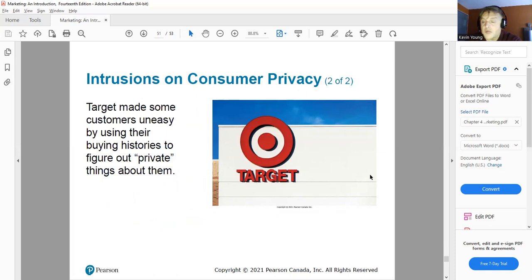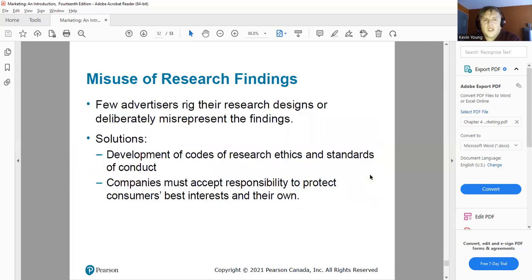Target, well-known American company, made some customers uneasy by using their buying histories to figure out private things about them. You can find that information. It should be in the textbook, but if you can't find it there, you can certainly find it on Google. There's the misuse of research findings.